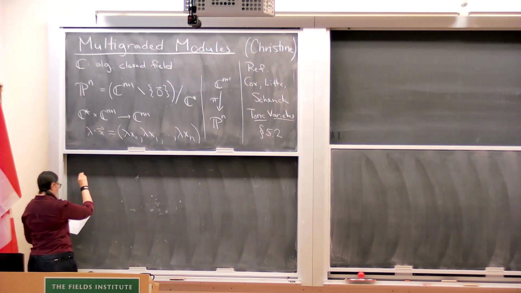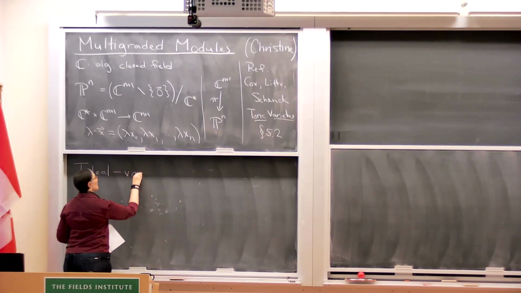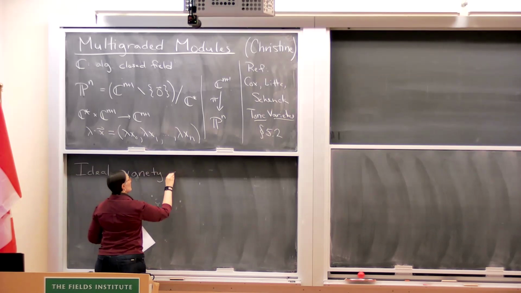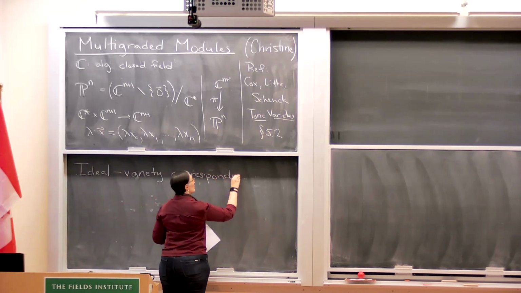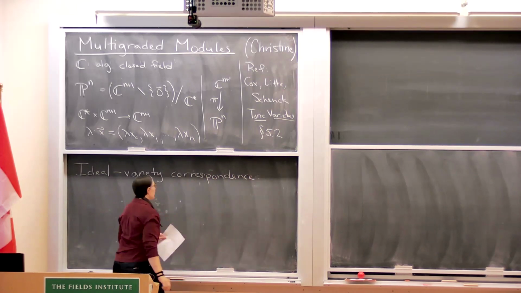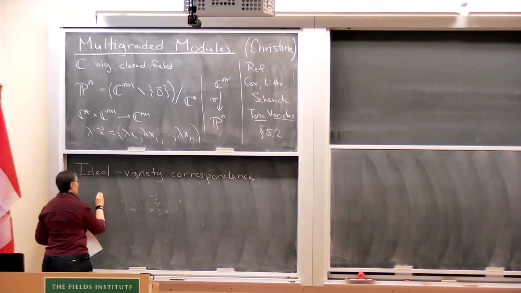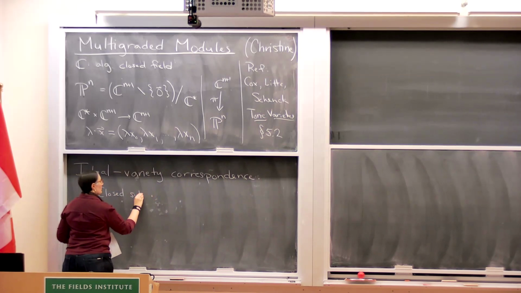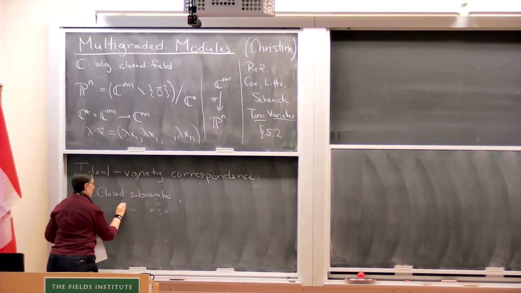Okay. So now, all right, we have the algebraic geometry or ideal variety correspondence, which Claudia told you about last week. And so on one side, we have closed subvarieties of our projective space.